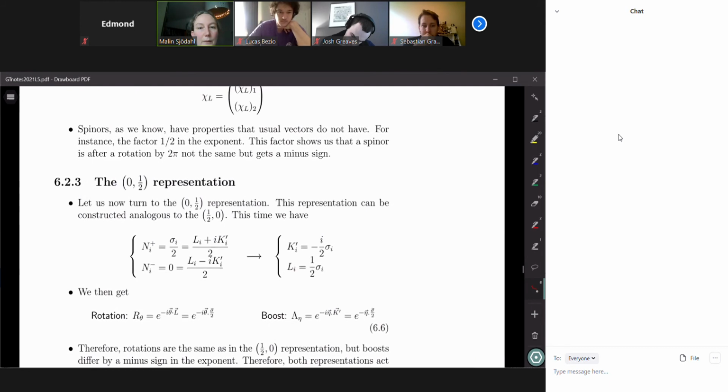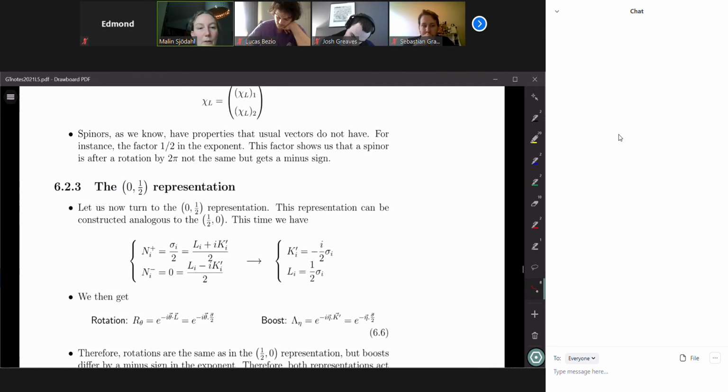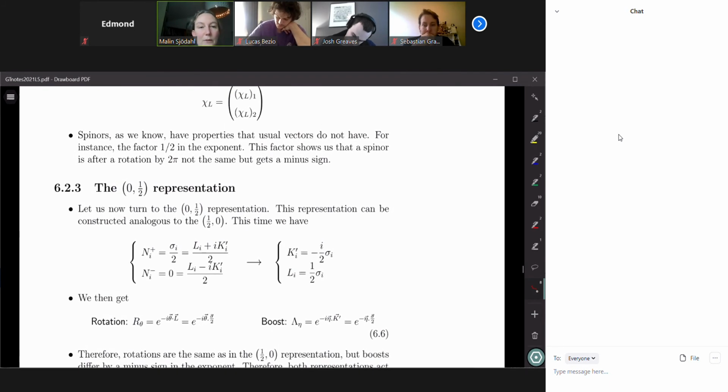So that was the (1/2, 0) representation. We also have a sister representation, the (0, 1/2) representation. Here we do essentially the same thing, just the opposite. So we put n plus to the ordinary spin 1/2 representation, and n minus to 0.